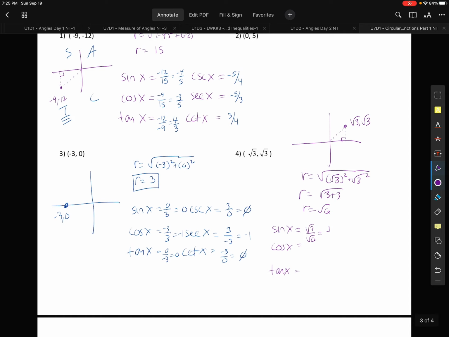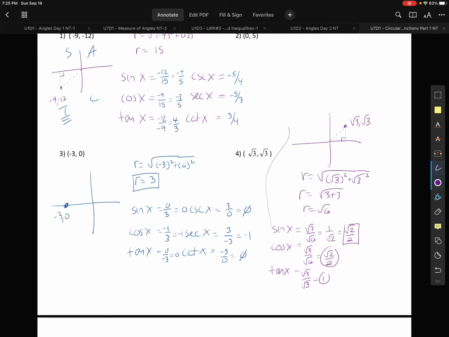That is the same thing as 1 over rad 2, which if I rationalize is rad 2 over 2. Cos, same thing, rad 3 over rad 6, which is rad 2 over 2. Tan, y over x, rad 3 over rad 3, which is 1. Alright, there's our setups with those.